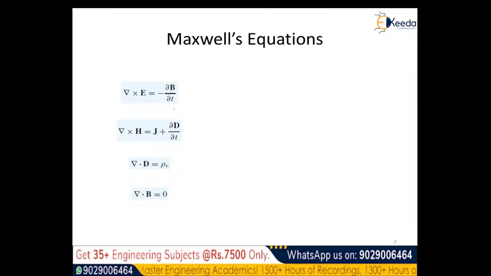Here I am saying orally del bar cross E bar, B bar. The bar is just a representation to show that this is a vector quantity. The equations are represented like this, where bold casing is used for the vector quantities, and the operations you see here are based on vector quantities.